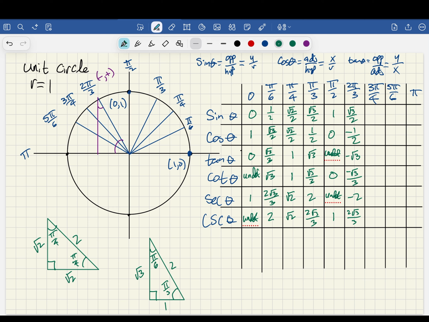3 pi over 4, if we do the same, drop a vertical to the x-axis. Now we wind up with a triangle that has pi over 4 and pi over 4 as its internal angles.